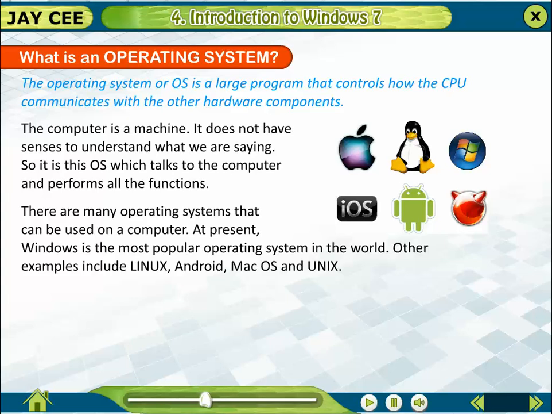There are many operating systems that can be used on a computer. At present, Windows is the most popular operating system in the world. Other examples include Linux, Android, Mac OS, and Unix.